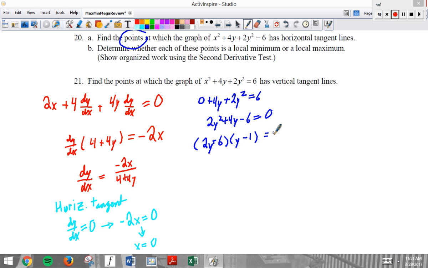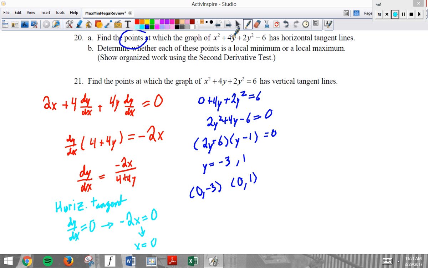Equals 0. Don't forget the equals 0. So y equals negative 3 and y equals 1 would be the 2 y values. So the 2 points are (0, -3) and (0, 1).